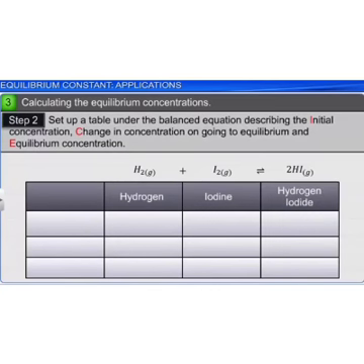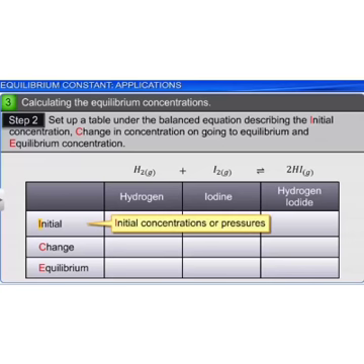The second step can be easily remembered in the form of the ICE chart, where I stands for the initial concentrations or pressures for each species in the reaction mixture. C represents the change in the concentrations or pressures for each species as the system moves towards equilibrium.